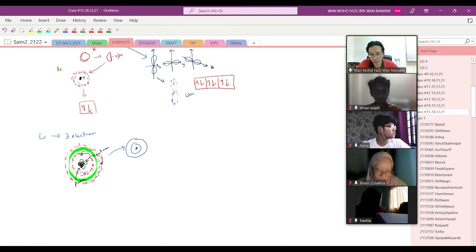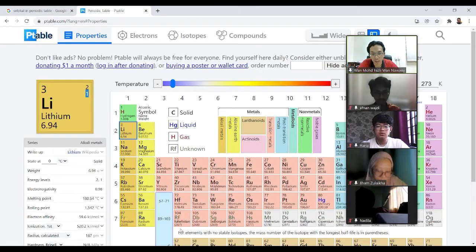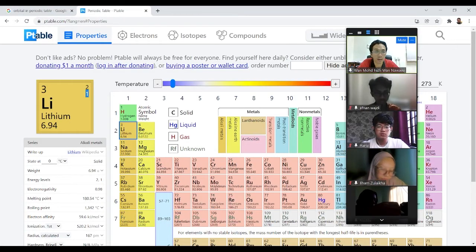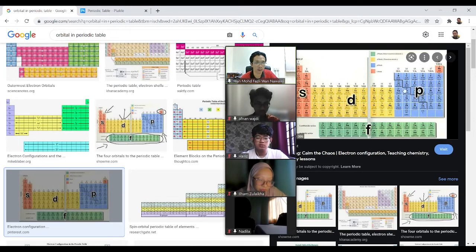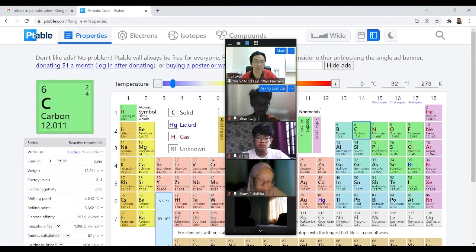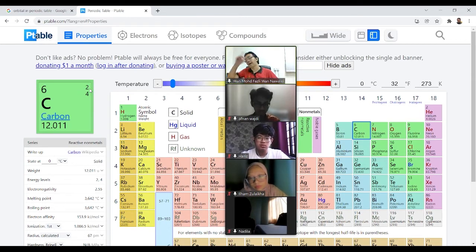If you go further into the periodic table, let's say carbon, you have 2 and 4. Even though carbon is in the p region, remember the first 2 electrons must be in the s orbital. It doesn't mean that all of them are in the p orbital, because energy starts with the lowest, then high, and even higher.